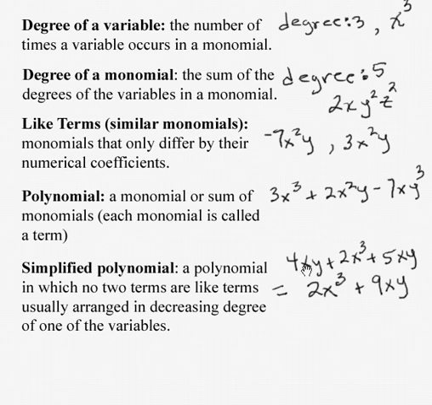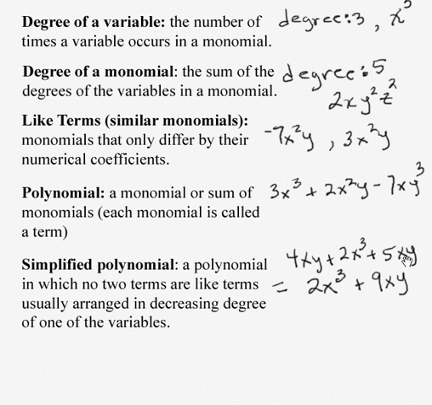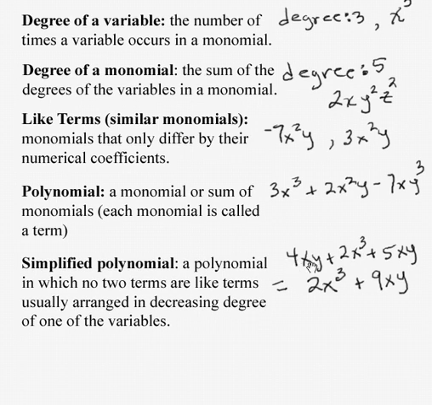That's not simplified because we have an xy term and another xy term that are like terms. If we say that there's 4 of those xy's plus 5 more of those xy's, which is now 9xy, and then we put them in decreasing powers alphabetically, so x occurs before y, we're going to put the largest x term first, so 2x to the third, and then plus 9x to the first, y to the first.